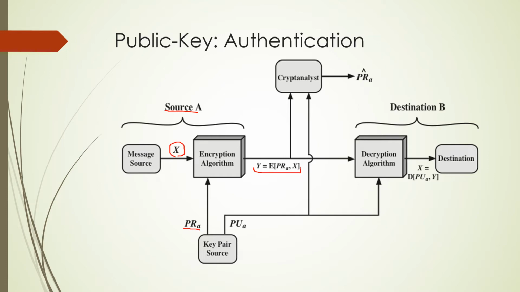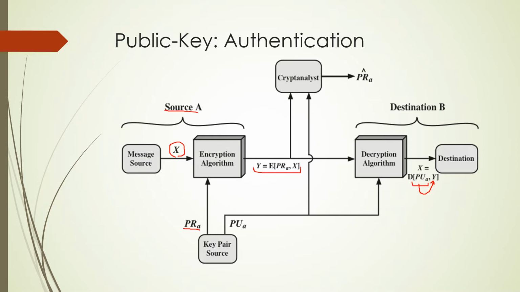The destination, who has the public key of source A, applies the decryption algorithm on both the public key of A and the encrypted message Y, and it reconstructs X. This way destination B knows that the message X is coming from the source A, not from anyone else. And that's basically the authentication process.